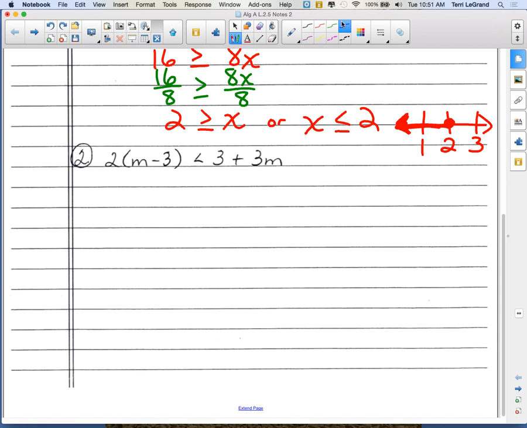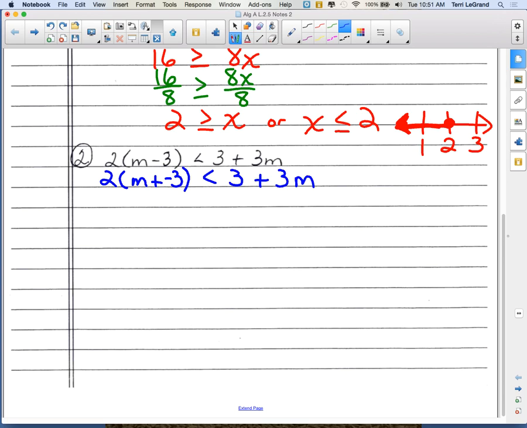Okay, well since we know we have to do distributive property and I see subtraction, I'm going to do the changing to add the opposite first before I even do the multiplying. Is there any distributive property to do on the other side? No. Are those like terms? Yes. Are 3 and 3m like terms?